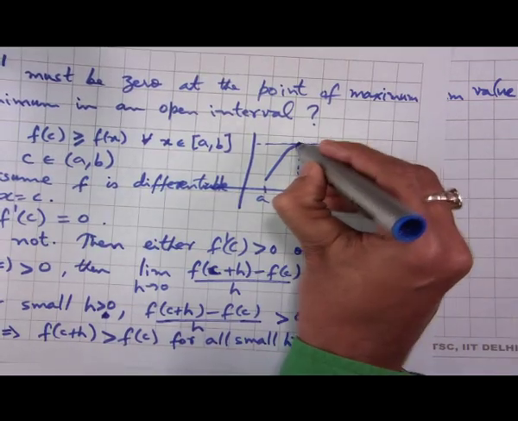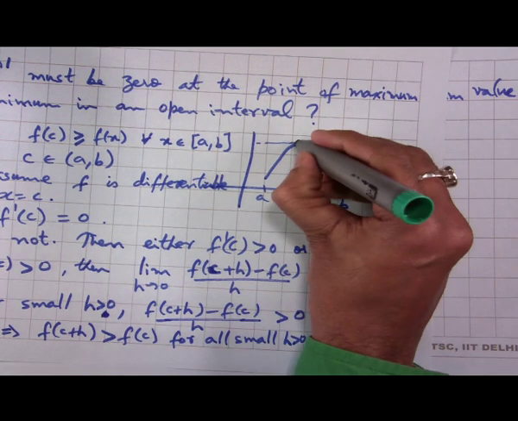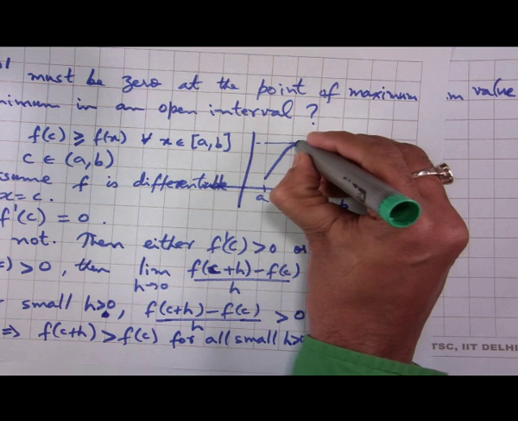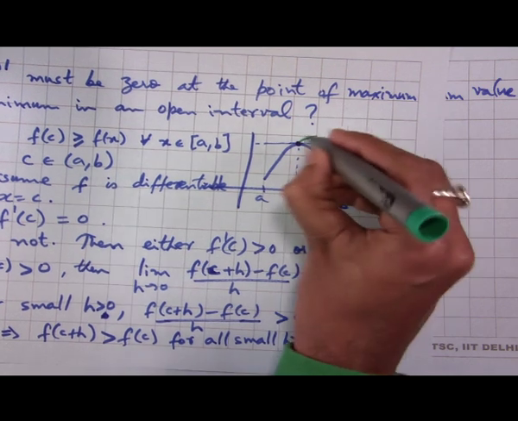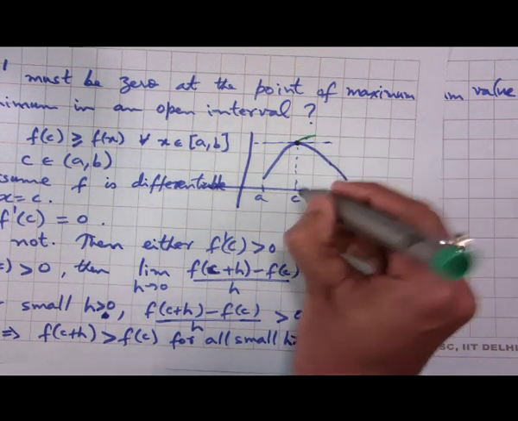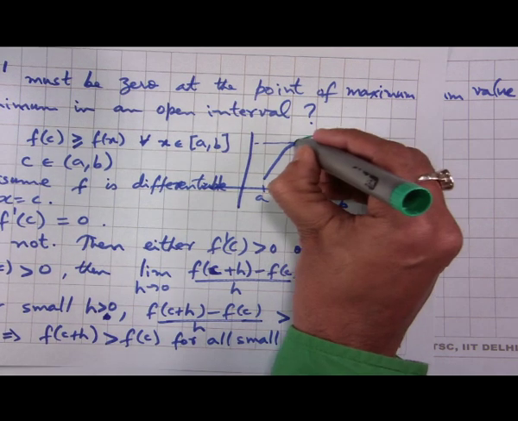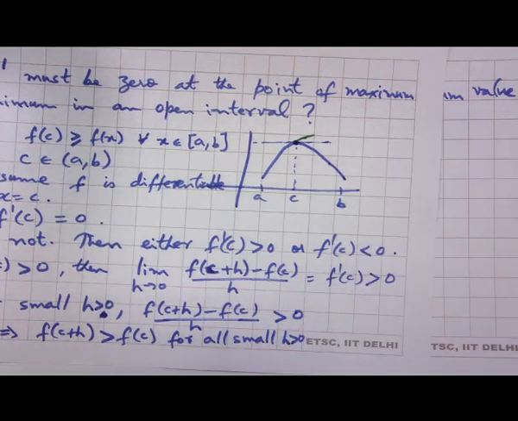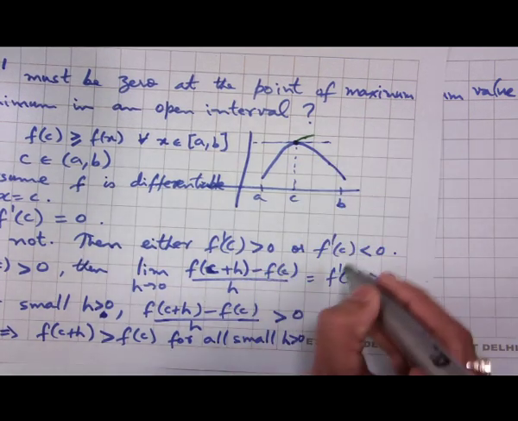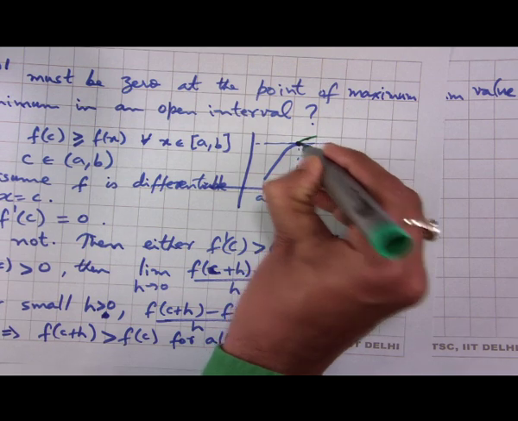Right. So, the derivative greater than 0 will imply that the value must be greater than the value at f of c for x greater than c. Similarly, if the derivative is less than 0, then the function at this point must go down like this.